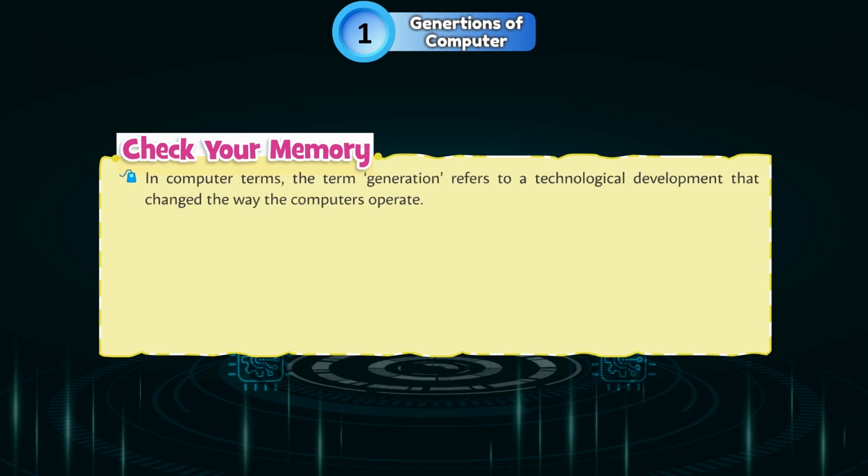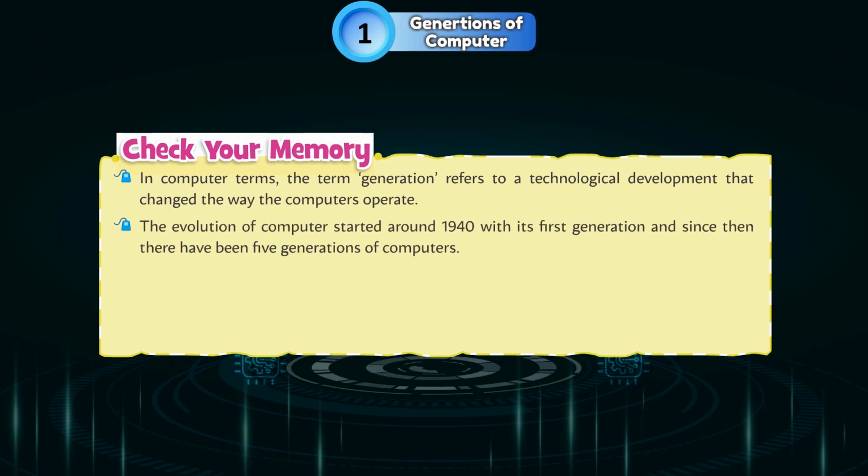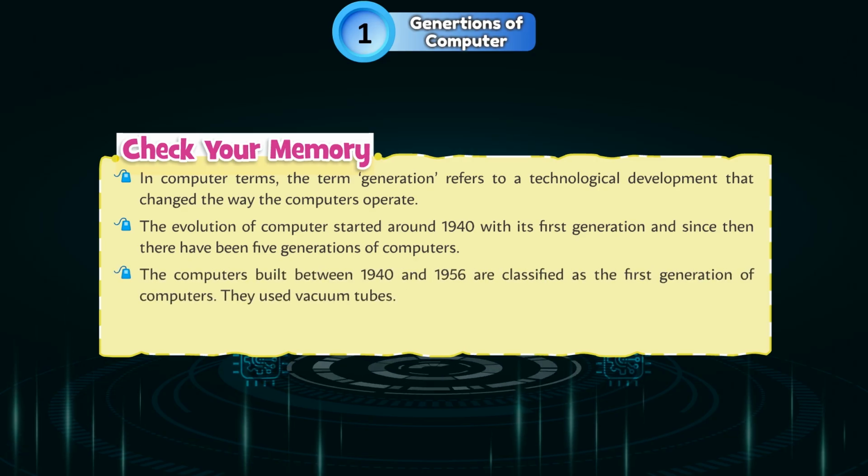Check your memory. In computer terms, the term generation refers to a technological development that changed the way the computers operate. The evolution of computers started around 1940 with its first generation, and since then there have been 5 generations of computers.